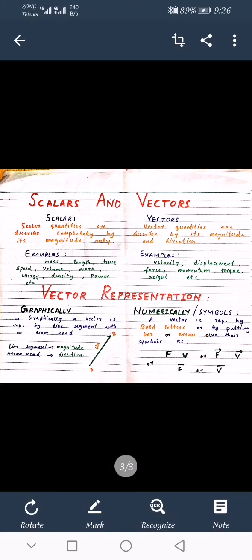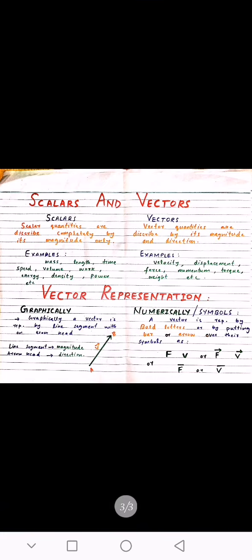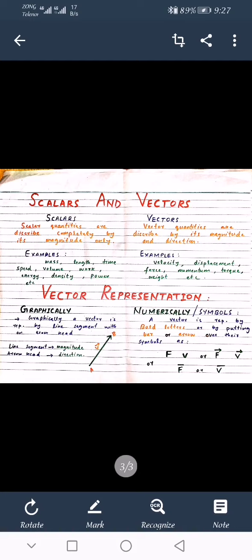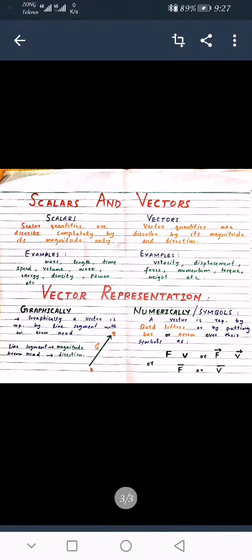For example, velocity, displacement, force, momentum, torque, weight, etc. So these are the quantities which require magnitude as well as direction for their description. So those quantities which are only described by magnitude are scalars, and those quantities which are described by magnitude as well as direction are called vectors.